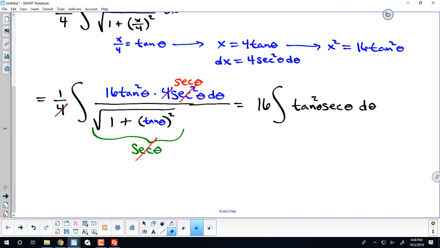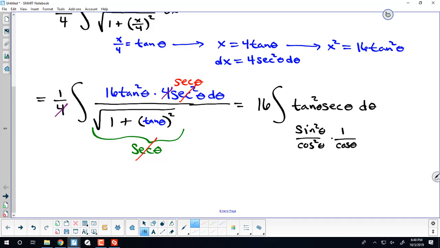You have sine over cosine squared. I mean, we could look at it and see if it might work out. So if we wrote that as sine squared over cosine squared, and maybe you want to leave secant, maybe you want to write it as 1 over cosine.